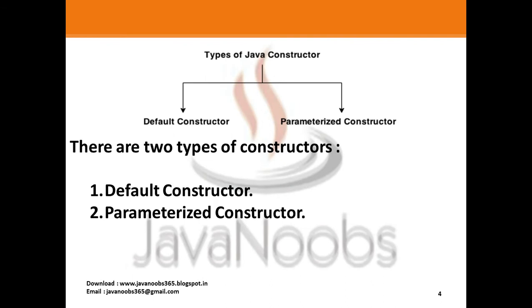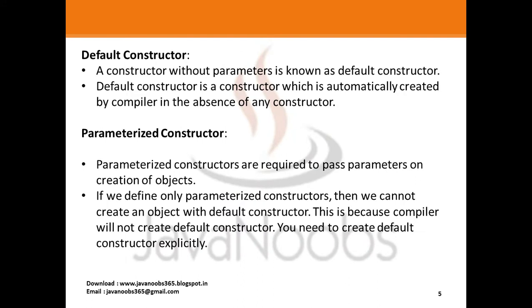Now there are two types of constructors: default constructors and parameterized constructors. A default constructor is a constructor without parameters. A default constructor is a constructor which is automatically created by the compiler in the absence of any constructor.